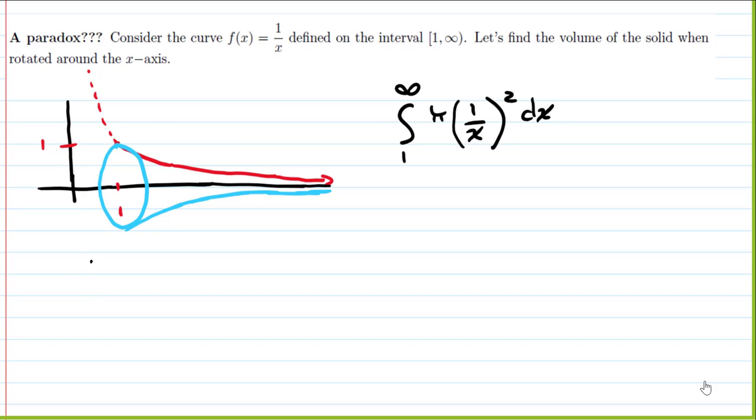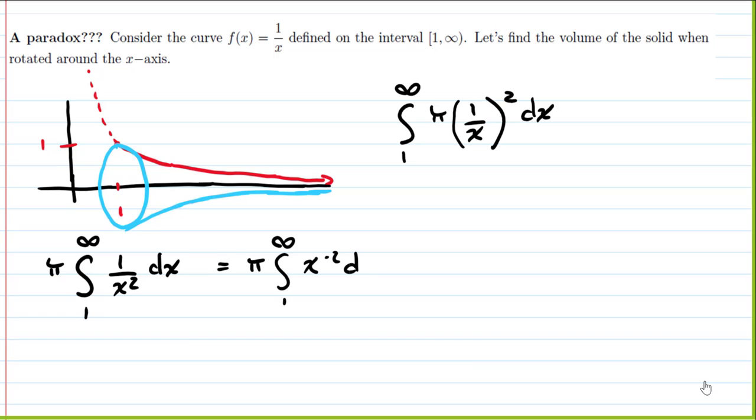So cleaning this up a little bit, we get the integral from 1 to infinity, and pull our pi out in front, 1 over x squared dx. So that's the integral from 1 to infinity, bringing it up to the top, x to the negative 2 dx.